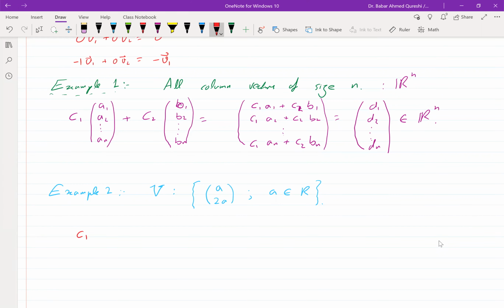Well, all you have to do is pick two objects. So let me pick two arbitrary objects.